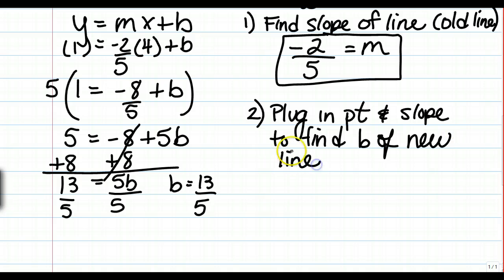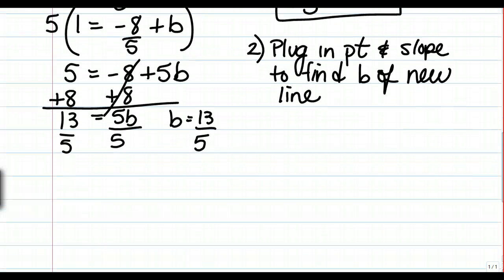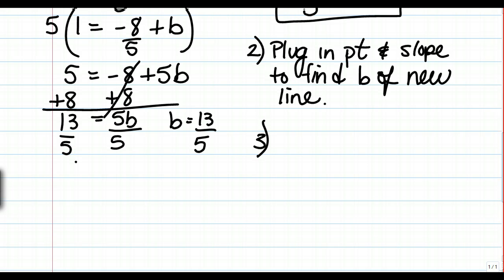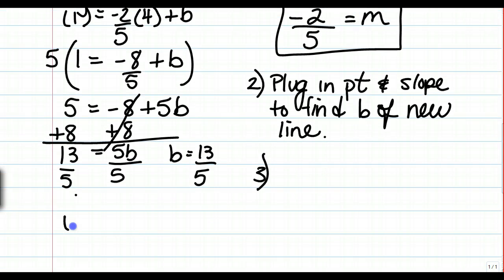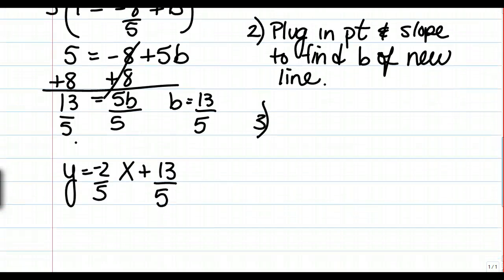We have to find a new line that goes through that point. So we did that, and we plugged in the point, and we found b. You know the equation always has a y and an x in it. So we're going to have a y and an x. You know that your slope was -2/5, and you found your b to be 13/5.